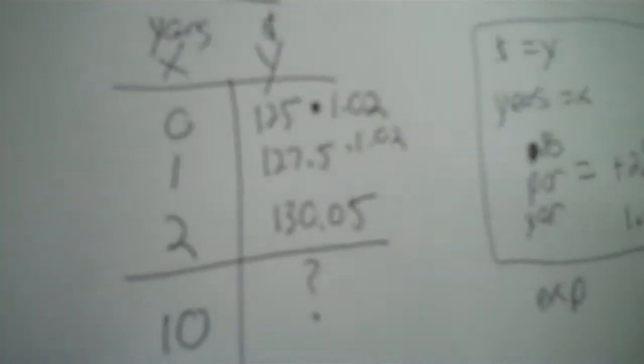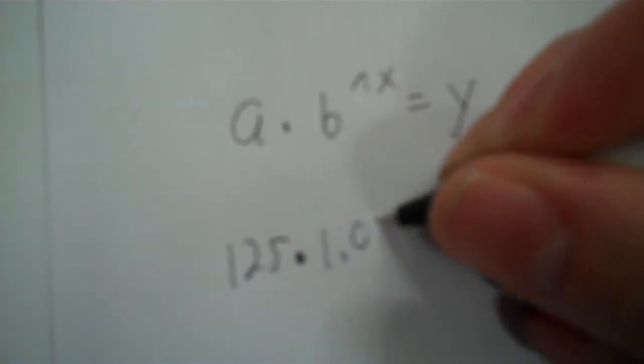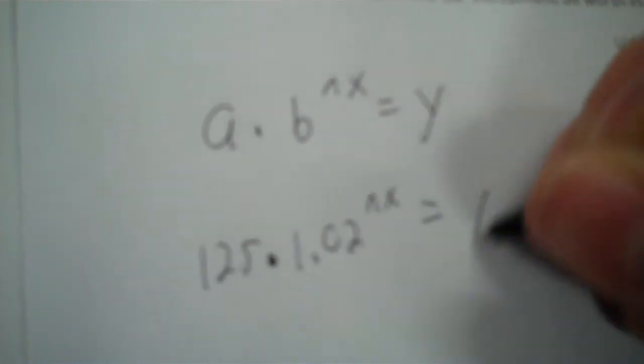When you repeatedly multiply instead of adding, you write your exponent function, a times b to the x power equals y. So the a starts at 125, and what did I multiply? Well, I multiplied by 1.02 to the x power equals y, and x is 10. So x is replaced with 10.